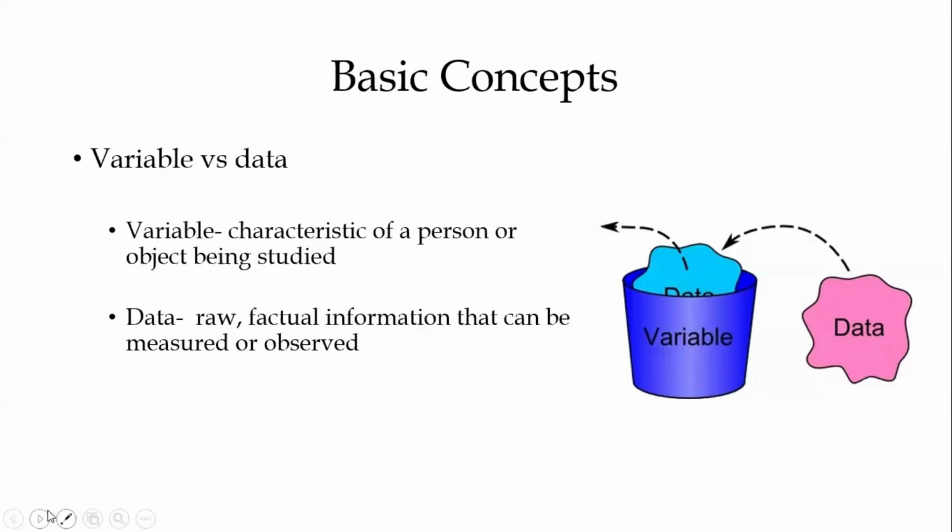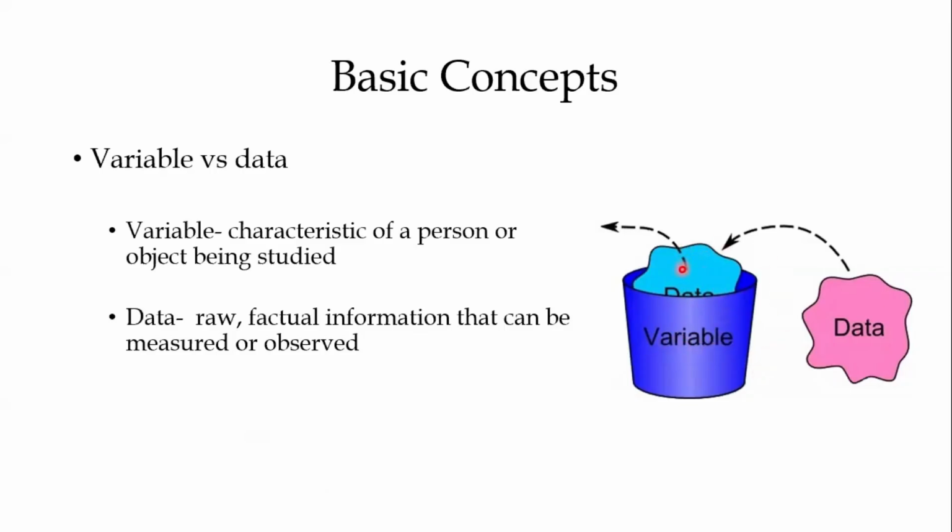So often we will be referring a lot to data, especially when we're looking at types of data and not necessarily variables, because variables just means the container within which we contain the actual raw factual information. So if you look at this image here, the variable is just the container, the characteristic.